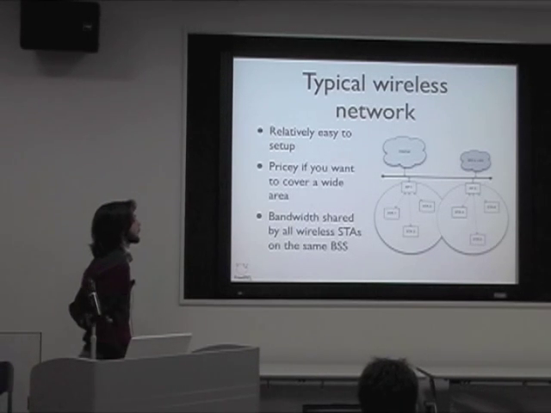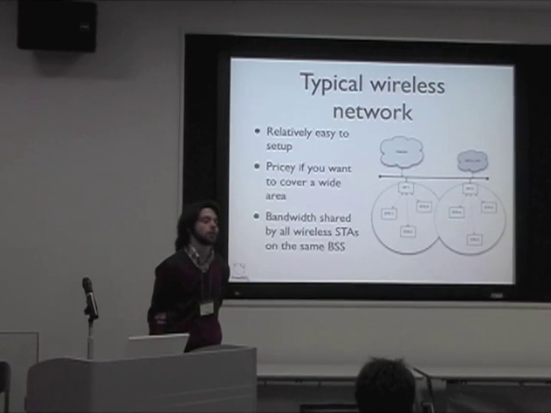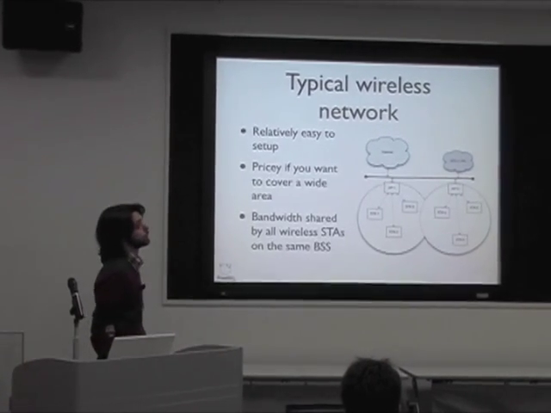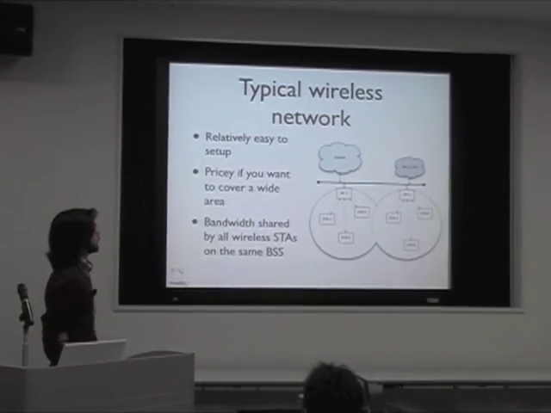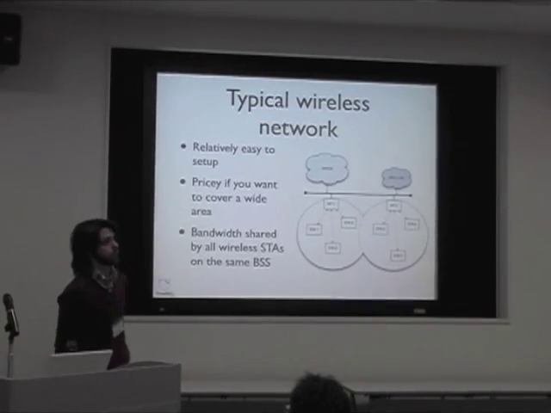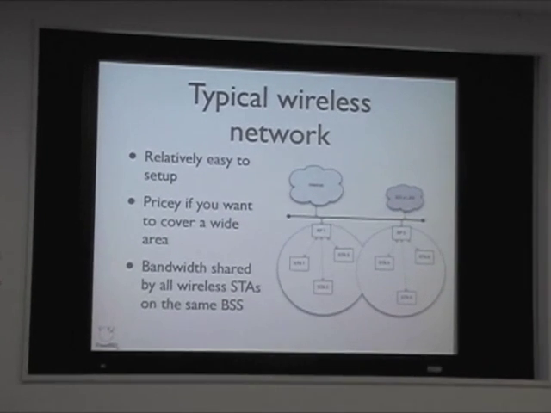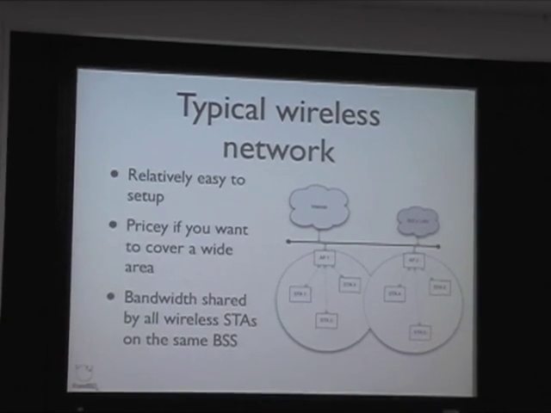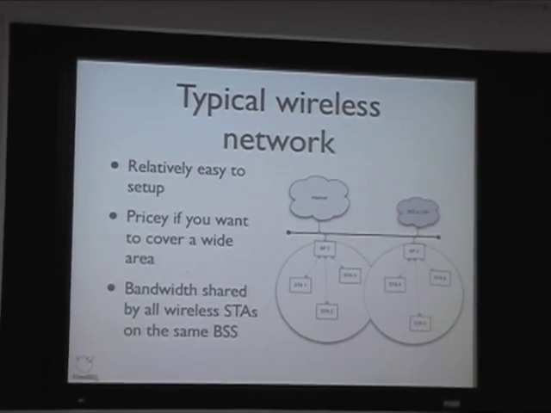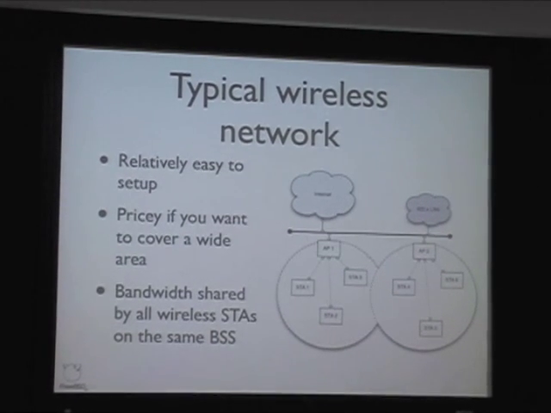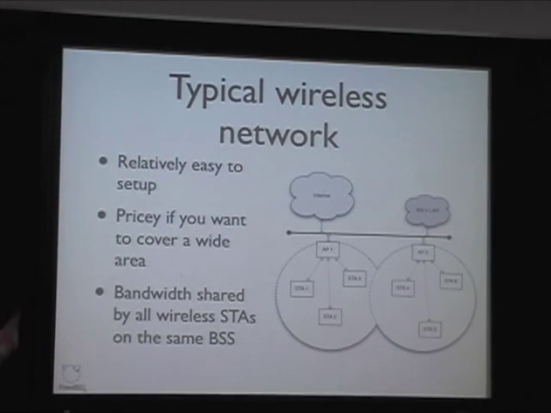This might not work for you if you are in an area where there are no wired networks, or you can't add one, or because it's just too pricey. Sometimes the wired network must be in fiber optics, and that's even worse.